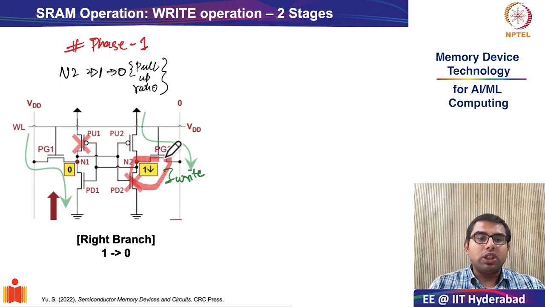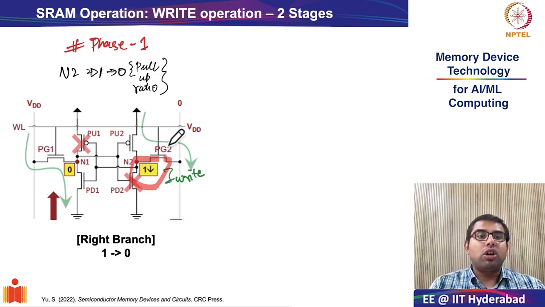This happens because on the right hand side of the branch, which contains the storage node value to be 1, which is N2 equal to 1, initiates this process because your bitline bar is pre-charged to 0, and as a result, the pass gate transistor 2 turns on.